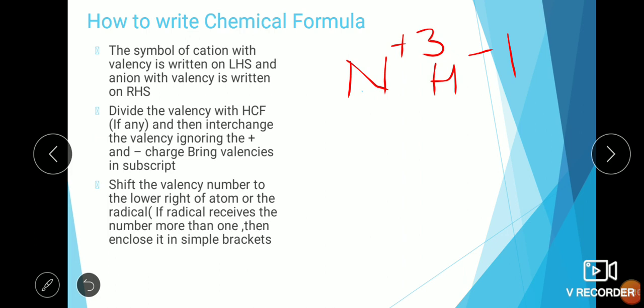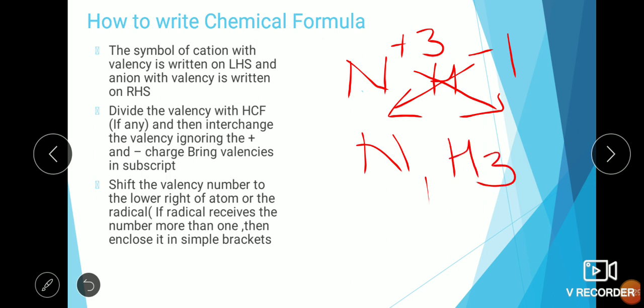For example, hydrogen was taken as positive in case of water, and it is taken as negative in case of ammonia. So we can now recall our steps. We have to cross multiply, that means N1 without the charge and H3. So the formula of ammonia is NH3.